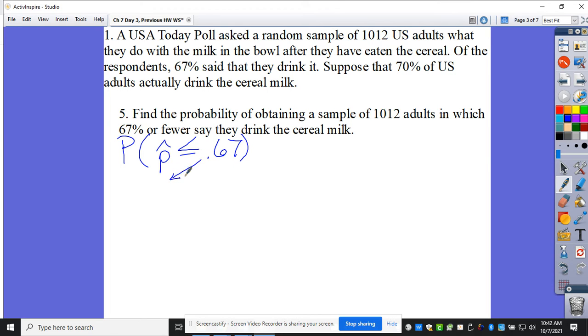What do I do with that number? So what are my numbers plugged into the z-score equation? 0.67 minus 0.7, divided by 0.0144, which gives us a z-score of negative 2.08.